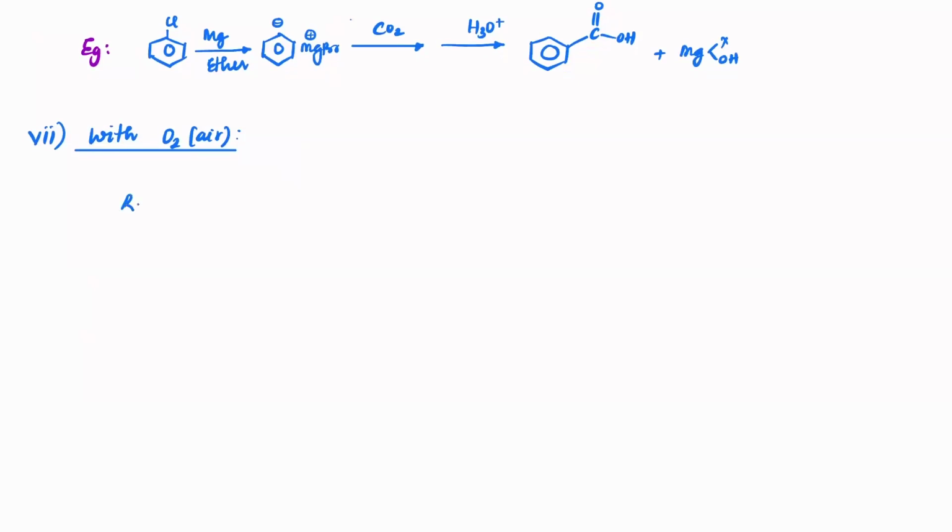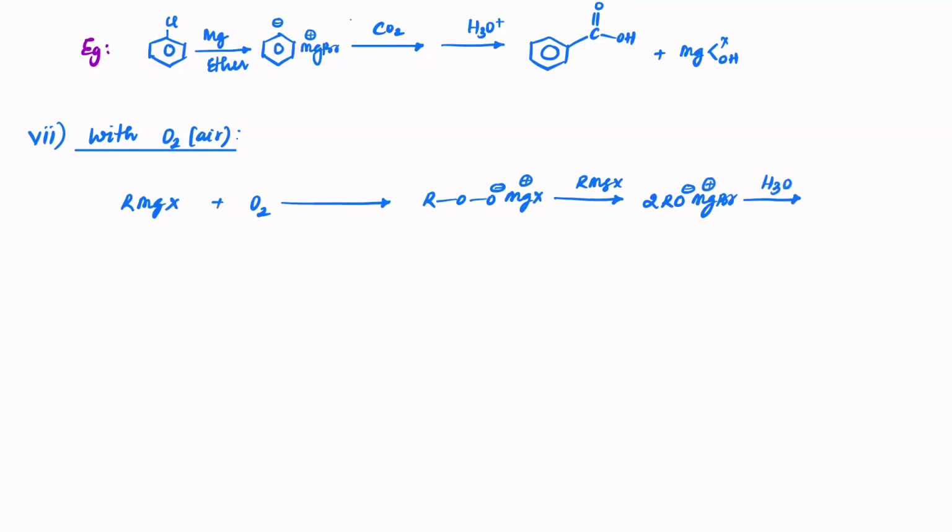See, RMgX as you react with O2, this will become ROO minus MgX plus, and that on reaction with a second mole of RMgX will convert into 2 moles of RO minus MgBr plus, and that on hydrolysis will give you 2 moles of alcohols.